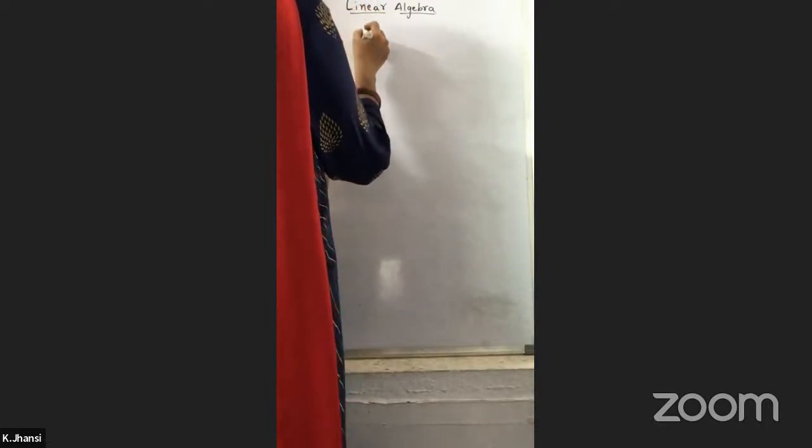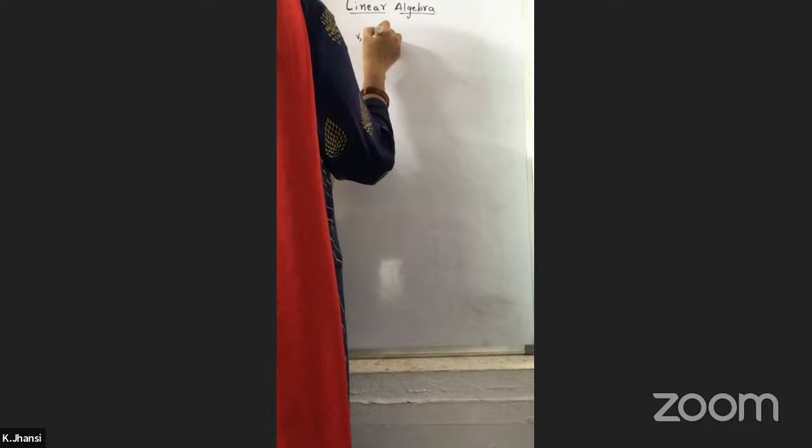See the definitions of monomorphism, epimorphism, and also isomorphism. These we'll use in solving the theorems. If you know the concept of these three definitions, then you can do the problems and also the theorems.